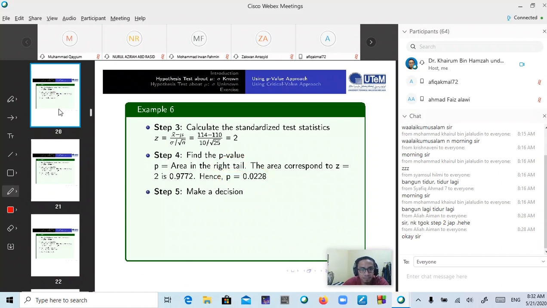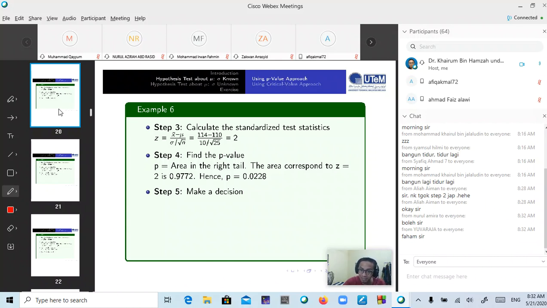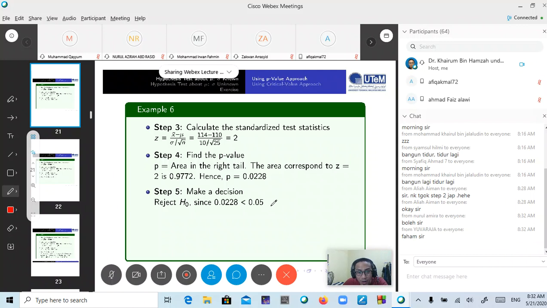Okay. So, when you have p-value equal to 0.0228, okay, so step 5, make decision. Ingat, how to make decision, tadi saya dah cakap, p-value approach refer to the value of alpha. Alpha is level of significance yang duduk dekat tu tadi. Okay, so alpha u adalah 0.05.